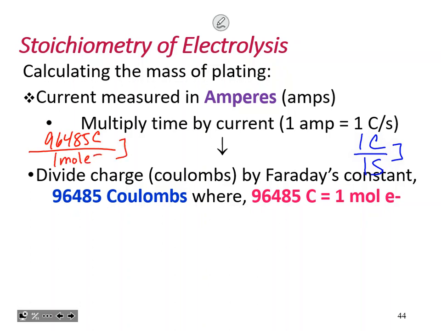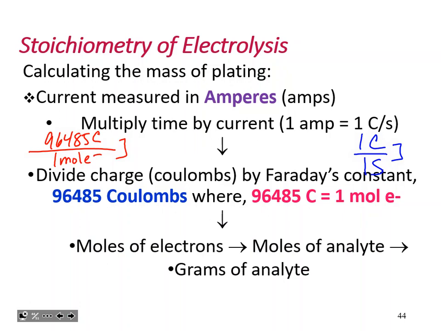So now, once we get to coulombs, we can use Faraday's constant to transfer over. And when we get to moles of electrons, then we just use our balanced reaction. Because the moles of electrons are going to be equivalent to a certain moles of the analyte, and really what we're talking about here is the metal, because that's what we're trying to plate is a metal.